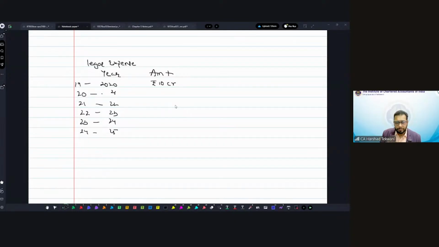So 10 crores, 12 crores, 12 crores, 14 crores, 21 crores, 16 crores, 38 crores. Now this is the data. What can you understand from this data?